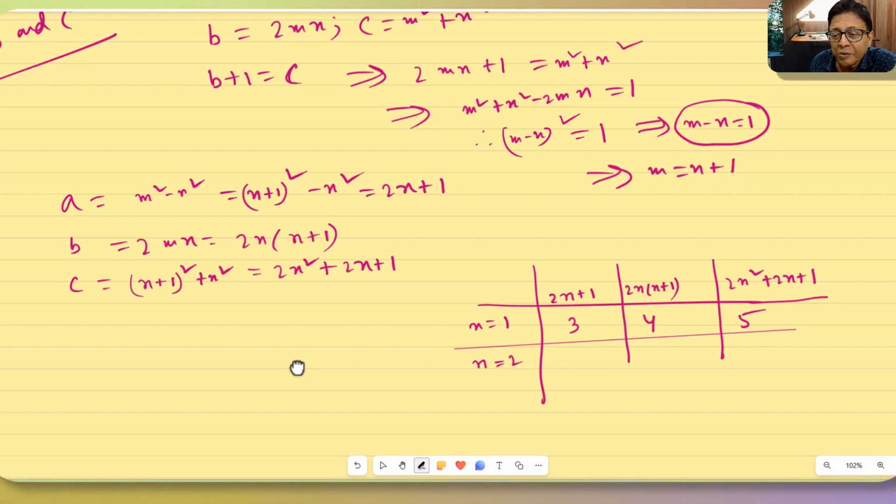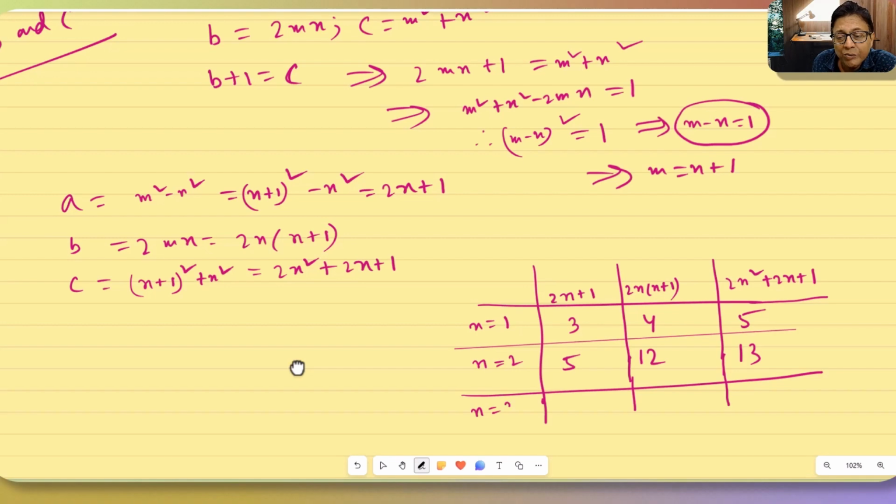For n equal to 2, this is going to be 5, this is 4 into 3, 12, and this is 8 plus 4 plus 1, 13. This way you will get this kind of Pythagorean triplets where you can see they are all consecutive integers in case of b and c. This one need not be. This is the one case only, no? But here it is not.